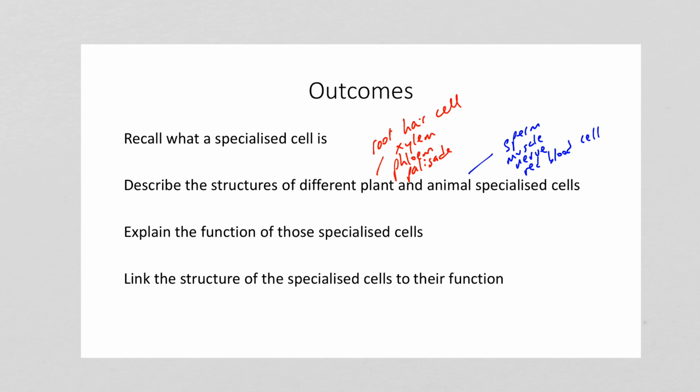Explain the function of those specialized cells, so what is their job, and then link the structure to their function. And remember, when we said structure, we mean their shape and the organelles they have, or, as we saw in a couple of examples, don't have.